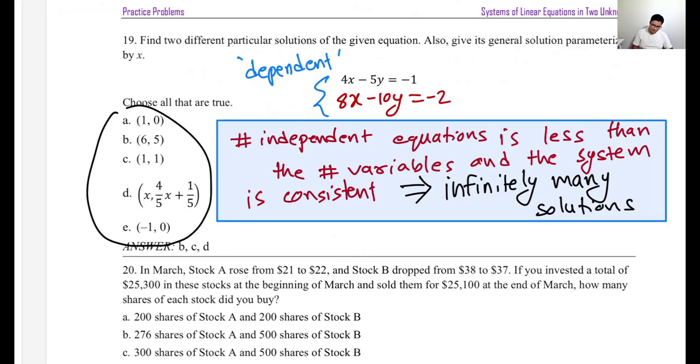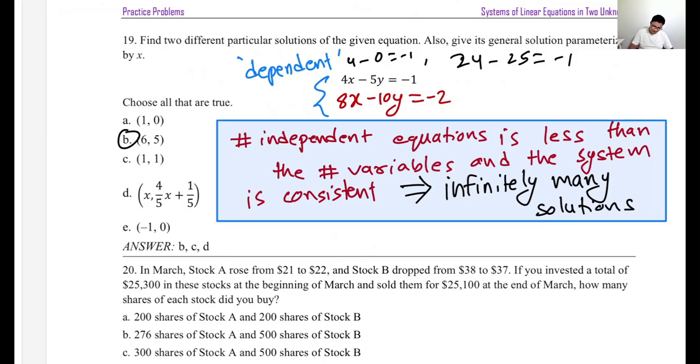Okay, if you plug in 1 and 0, 4 minus 0 equals -1. No, the first one doesn't match. If you plug in the second, 6 and 5, 4 times 6 is 24, minus 5 times 5 is 25, equals -1. So the second option is true. Okay.